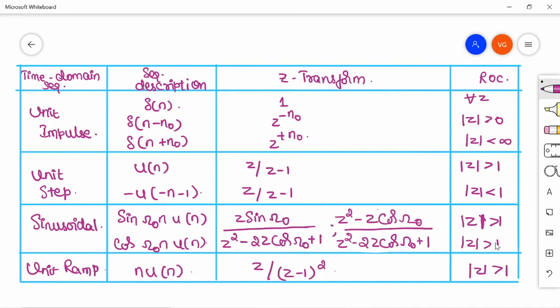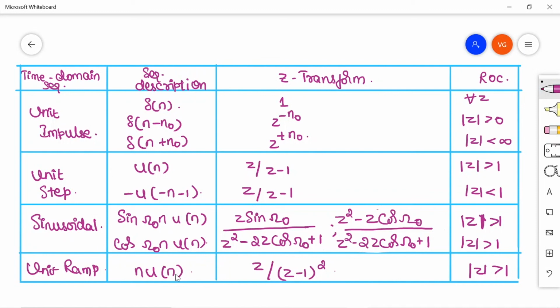For both, ROC is mod Z greater than 1. If you observe here, in the Z transform of both sin and cos, the denominator is the same: Z square minus 2Z cos omega naught plus 1. Whereas the numerator, if it is sin, will come in the form of Z sin omega naught. If it is cos, Z square minus Z cos omega naught.